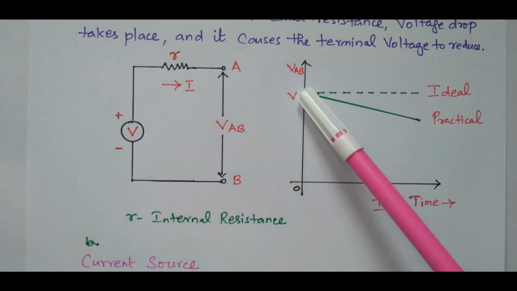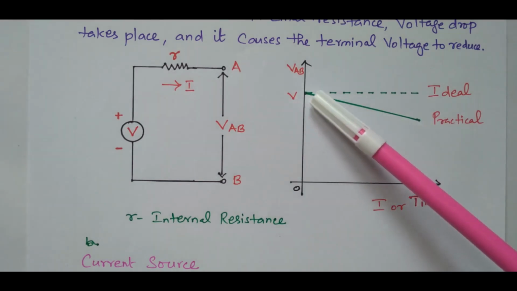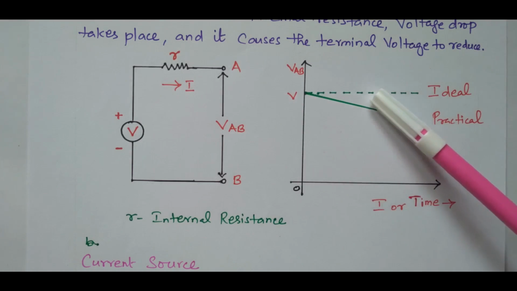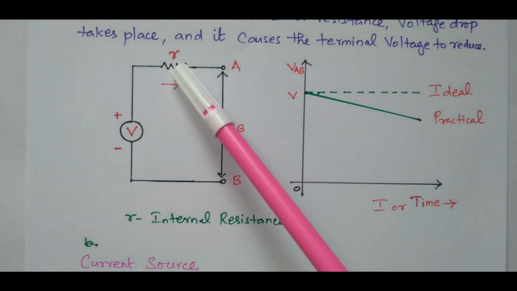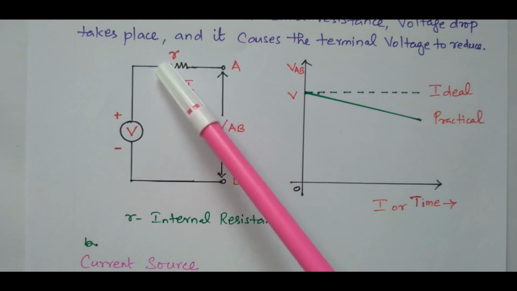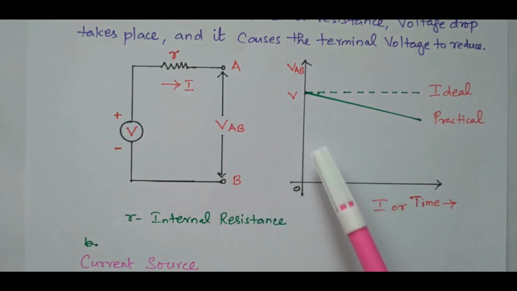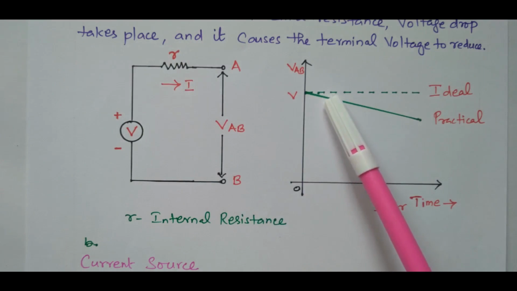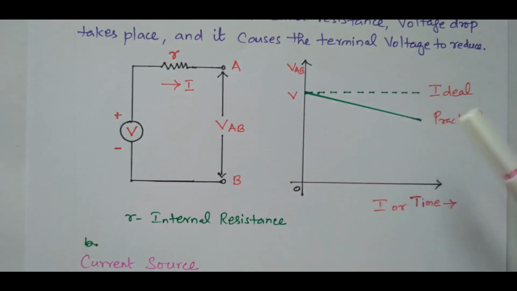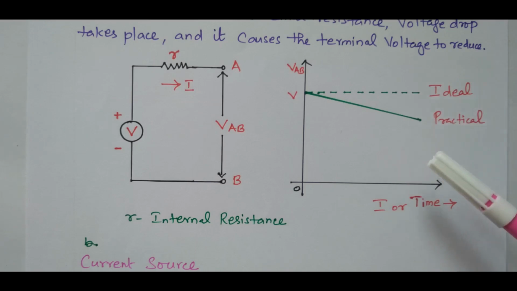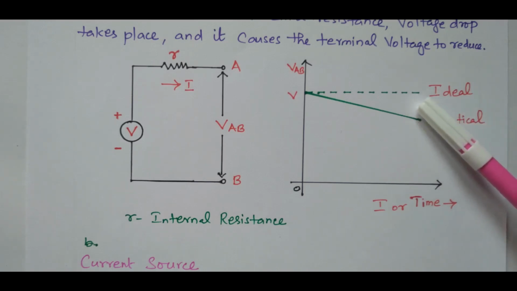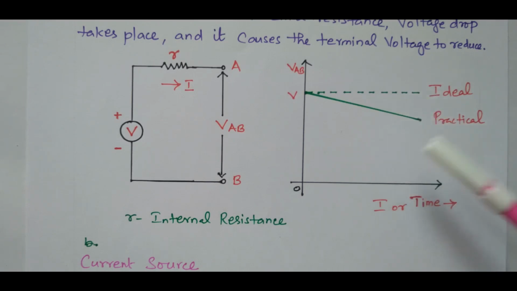But in the case of practical, the voltage gradually decreases due to the drop in the internal resistance. Some amount of voltage will be dropped in the internal resistance, so that when the current or time increases, the voltage slowly decreases. So this is the difference between ideal and practical voltage source. Due to the internal resistance, there is a drop in the voltage.